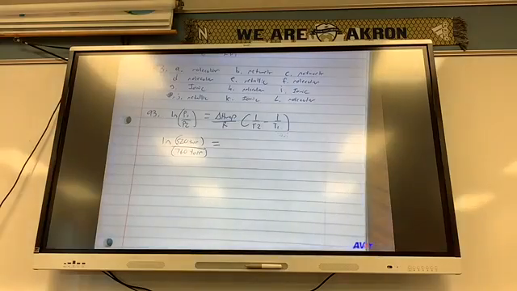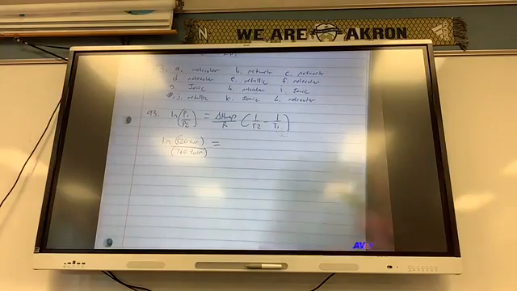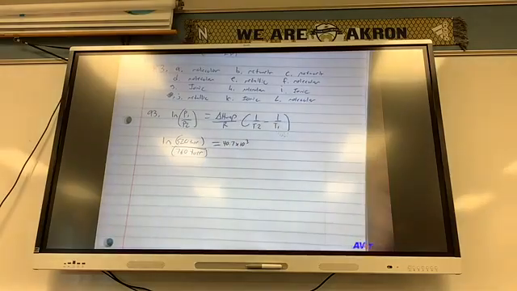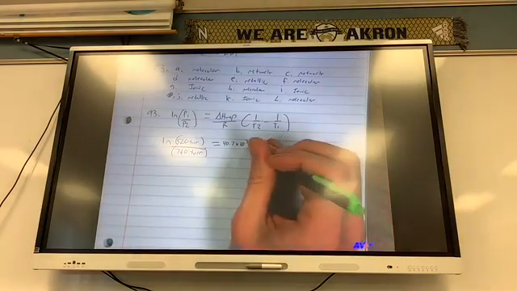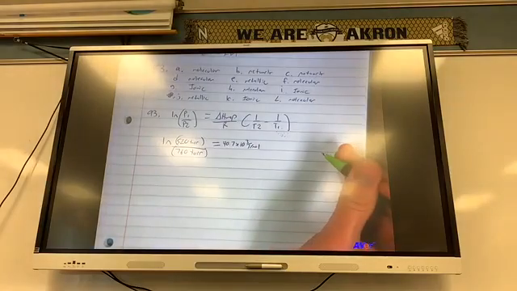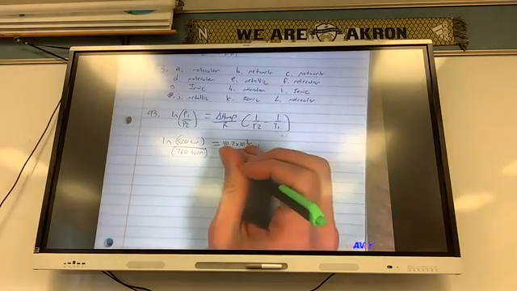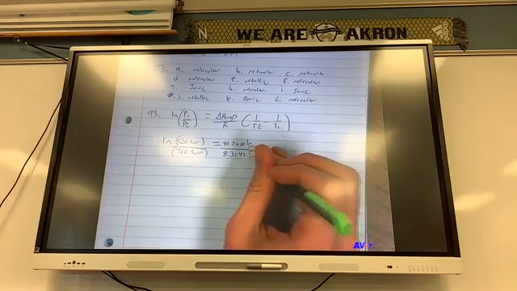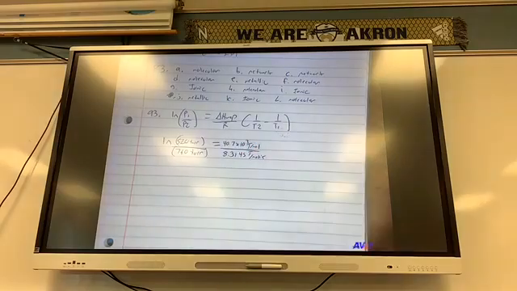That is equal to, they gave me 40.7, right? But remember, that's going to have to be 40.7 times 10 to the third joules per mole, so you've got to convert that over. 8.3145 joules per mole times Kelvin.